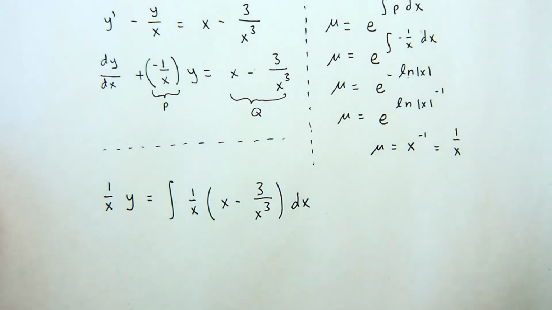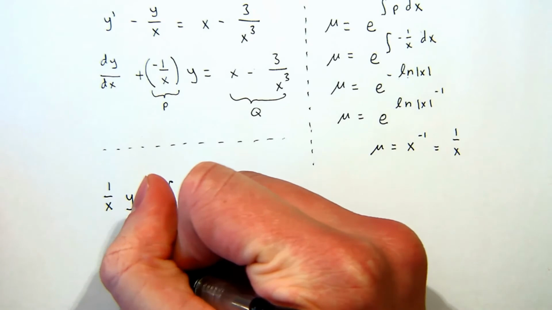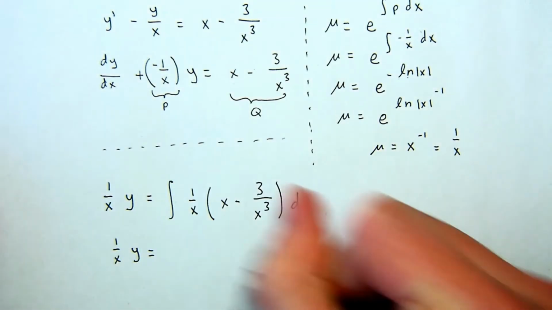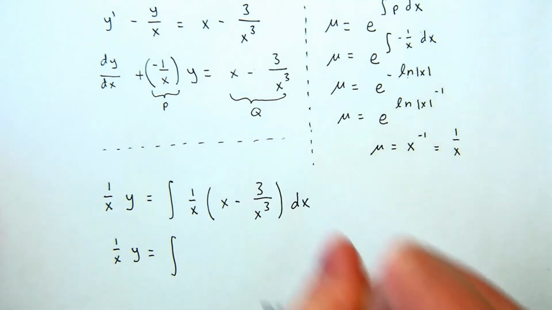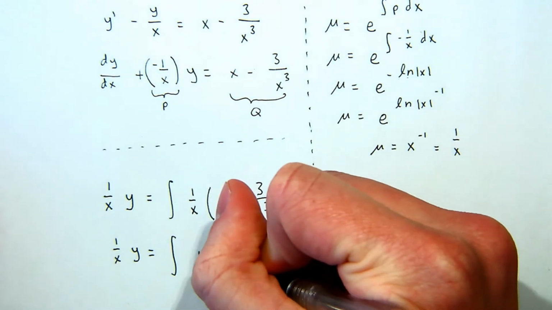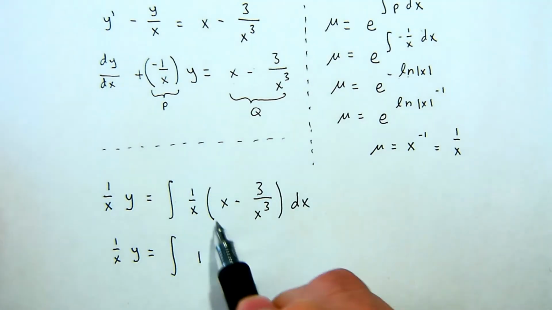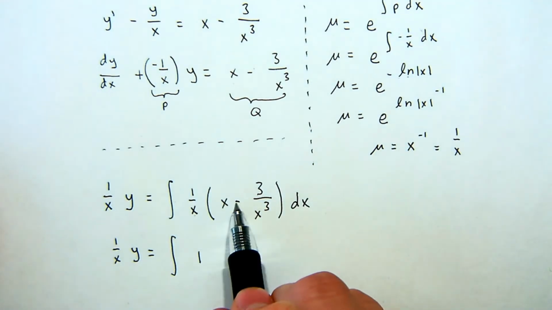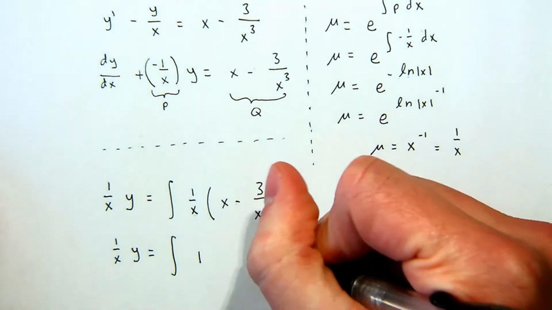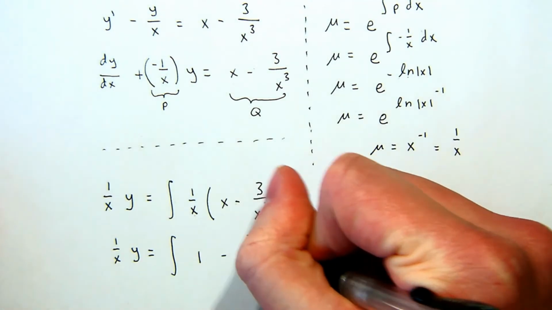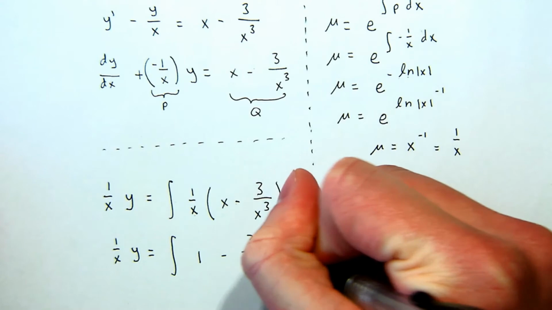So let's work through this. Keep this on the left side, and then multiply the 1 over x in. 1 over x times x becomes 1, and then this becomes minus 3 divided by x to the 4th, dx.